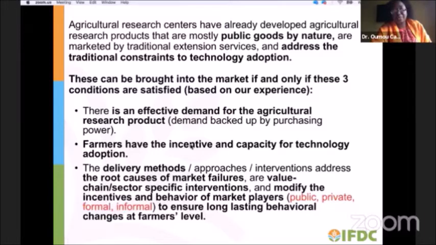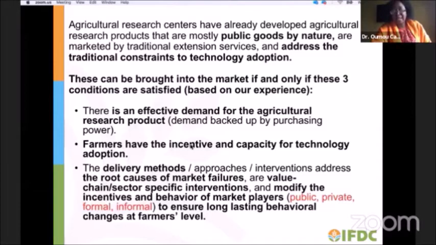So these types of research products, in order to bring them to the market and commercialize them, you must focus on three conditions, and this is based on our experience. There must be an effective demand for the research product. That is demand that is backed up by real purchasing power.